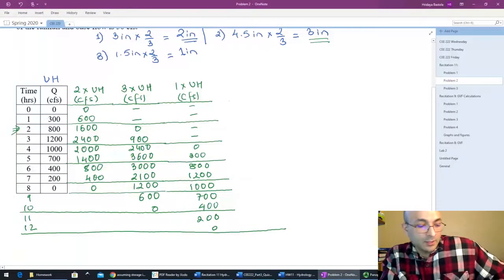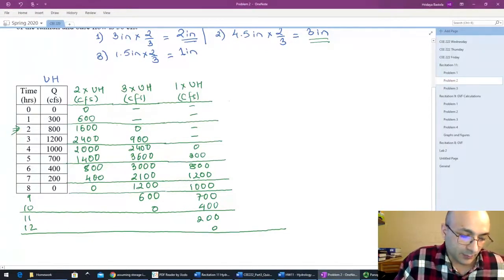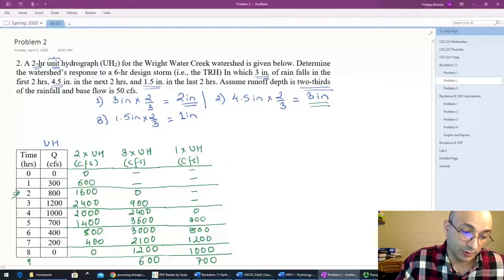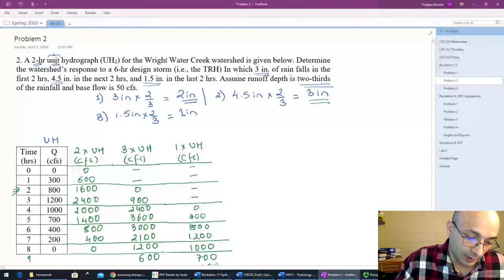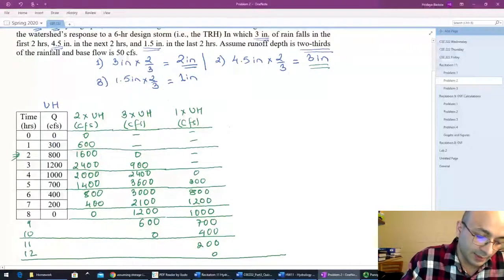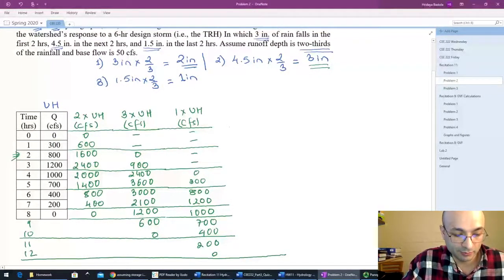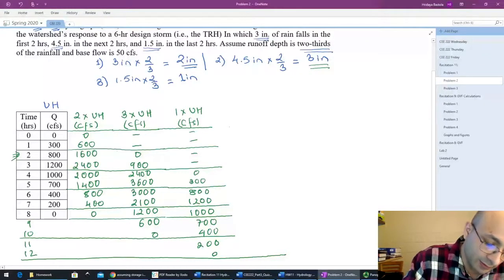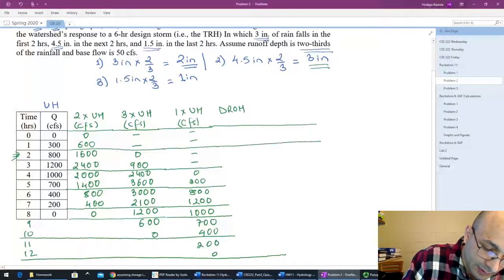Okay. So now we have the contribution from the 3 portions of the storm. We can add those up, or we can add the contributions from those 3 storm events and get the cumulative direct runoff hydrograph. So extend all the way.